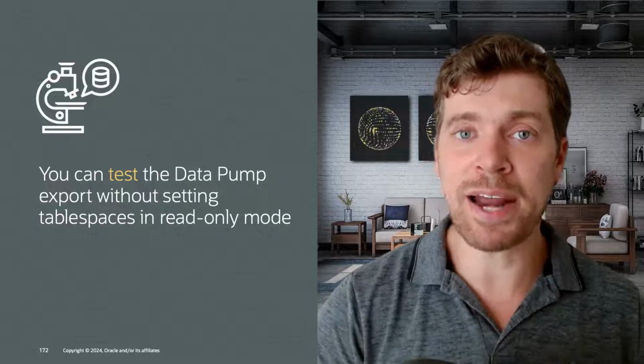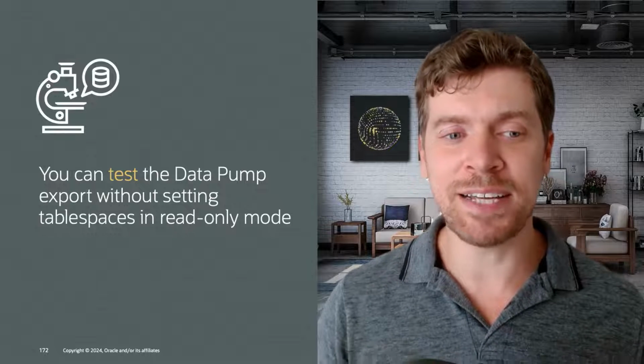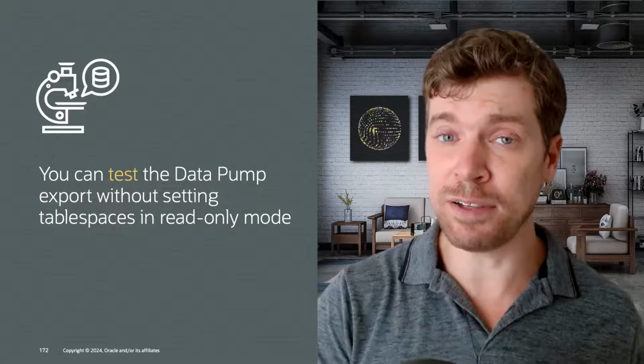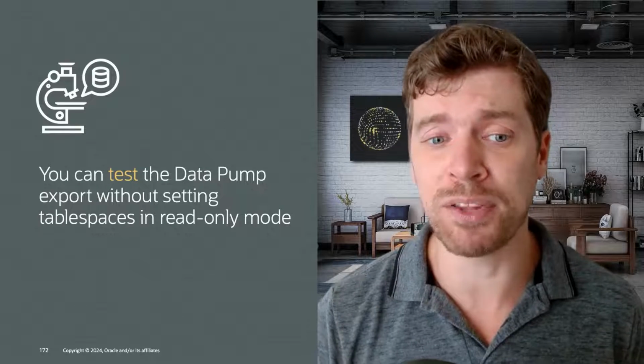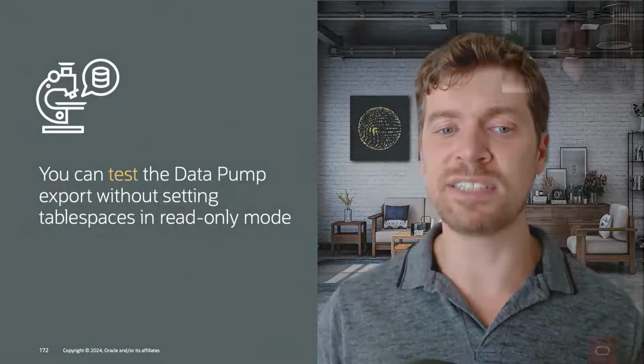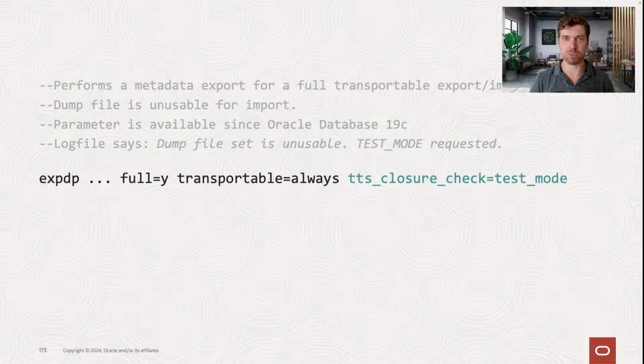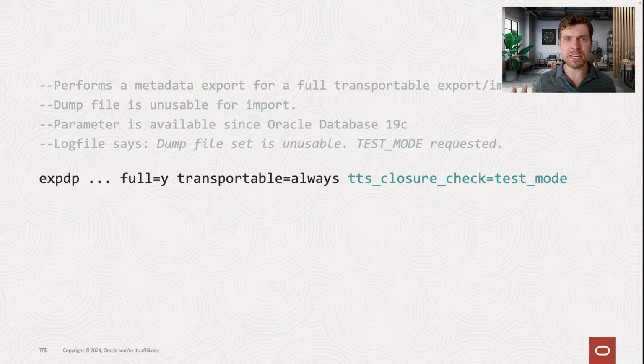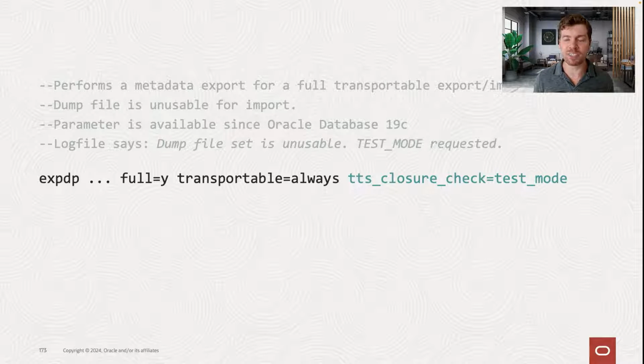So going back to the export, we can test Data Pump without setting the data files and the tablespace in read-only mode using this TTS_CLOSURE_CHECK=TEST_MODE. That only tells Data Pump to totally ignore that check, but of course, because of that, the dump file that's generated is totally useless.